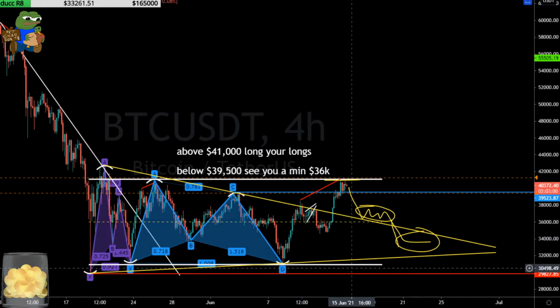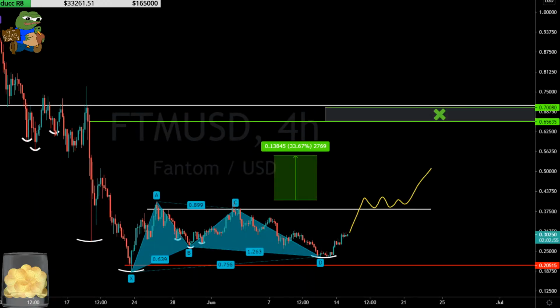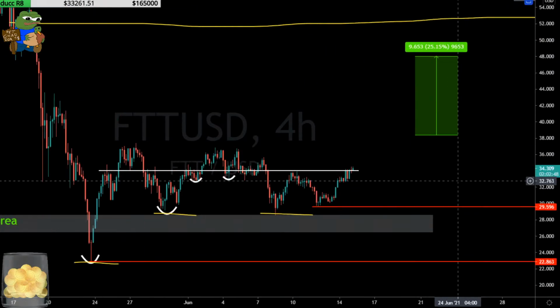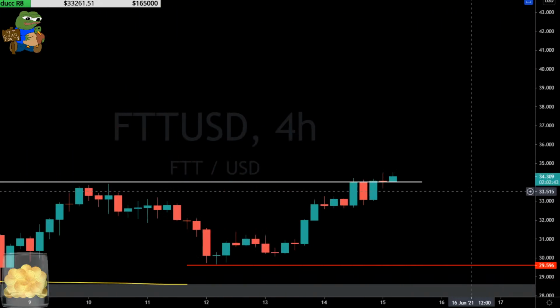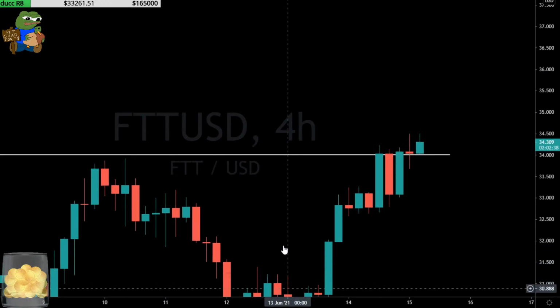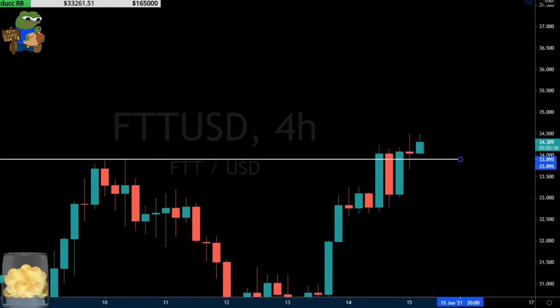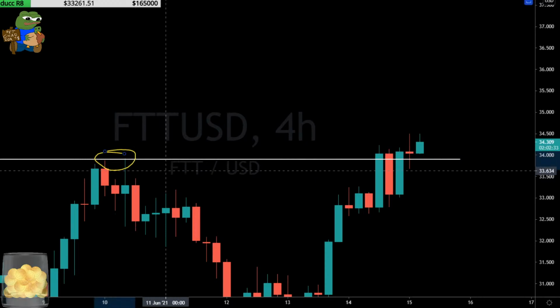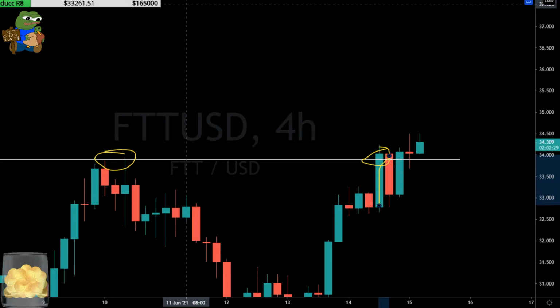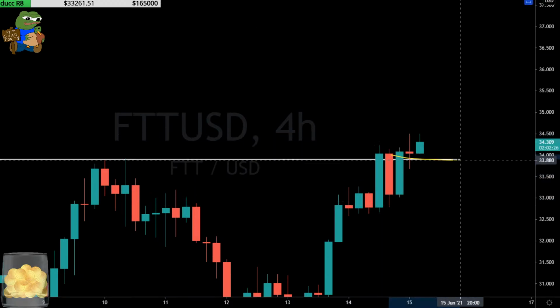Peek at Bitcoin again, 40,400, still chopping sideways, moving along from FTM. Let's go to FTT, butting up against that resistance area. And if we zoom in, we are sitting right above it, right? What was once previously resistance, and we sold off, is now being regarded as support.